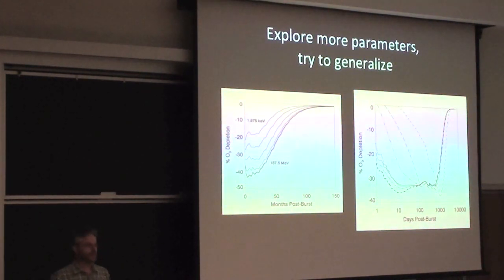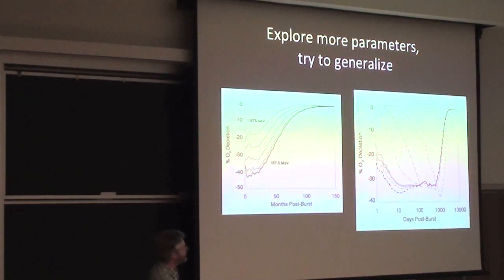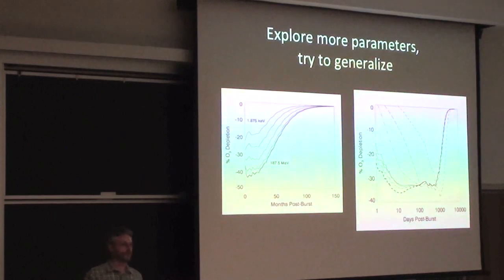So I can blast the atmosphere for a tenth of a second, or I can dribble it out for a year, and you get essentially the same result overall. Now, the timing is different, right? It takes longer or it happens more rapidly. This is really handy because now I can just say, well, here's an event with a particular energy, and I don't care how long it lasts because you get roughly the same result. If all I'm looking for is a general sort of, is this bad or not so bad?